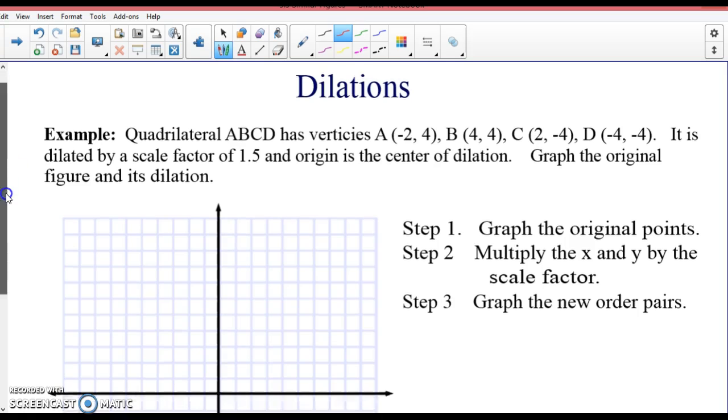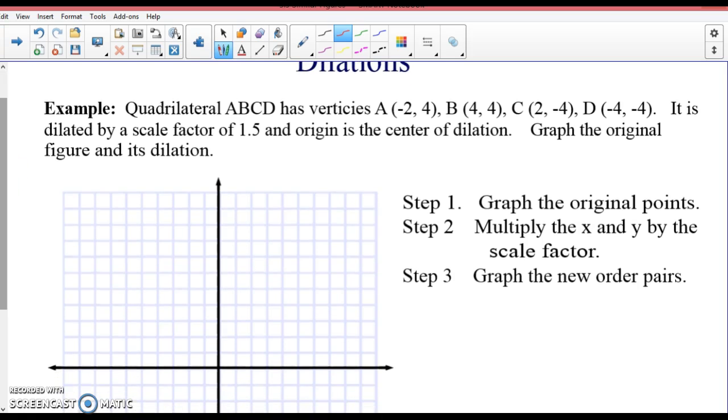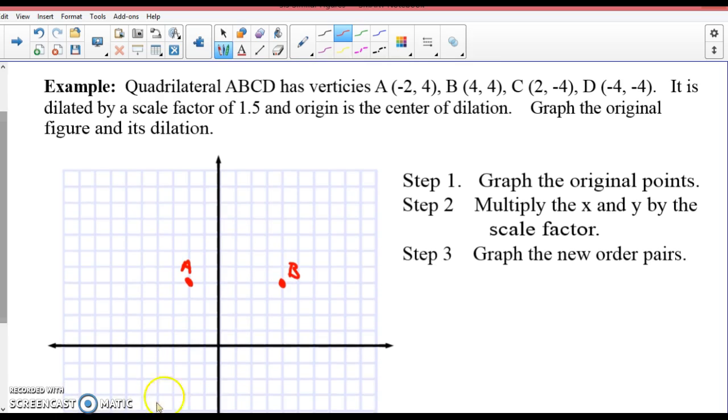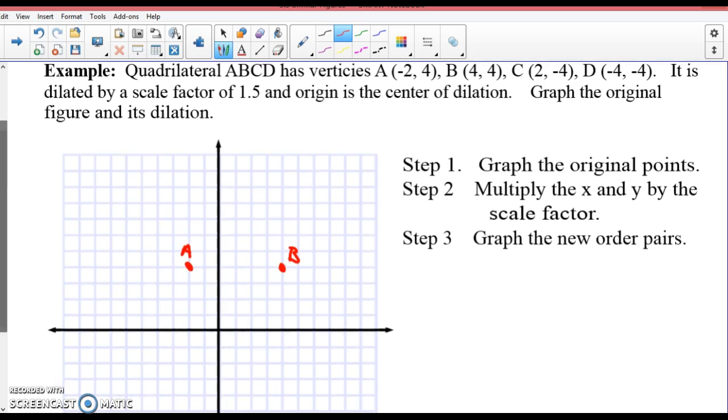Okay. Quadrilateral ABCD has vertices. A is at negative 2, 4. That's A. B is at 4, 4. C is at 2, negative 4.